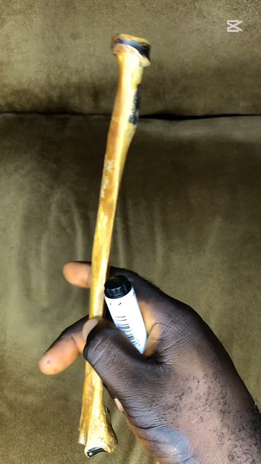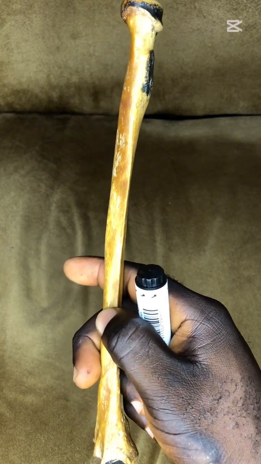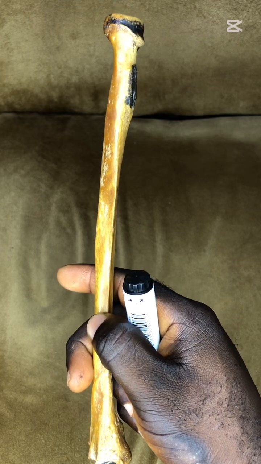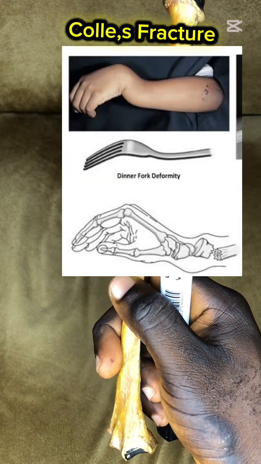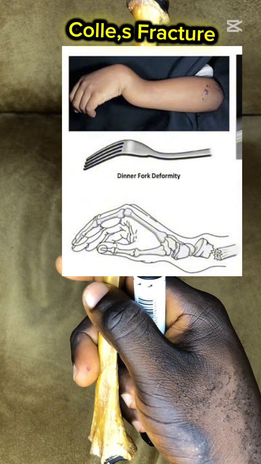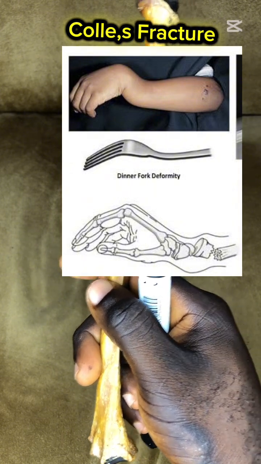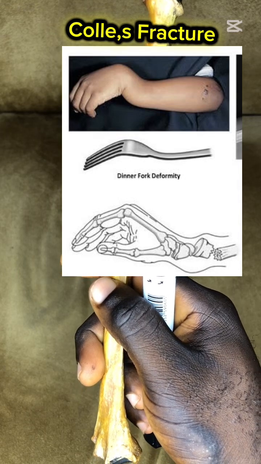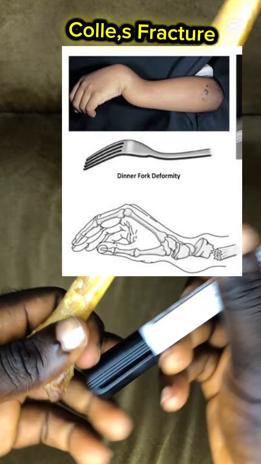Now, let's quickly look at some of the common fractures of the radius. Number one is Colles fracture. Colles fracture occurs as a result of a fall on an outstretched hand, whereby the distal end of the radius is fractured here.